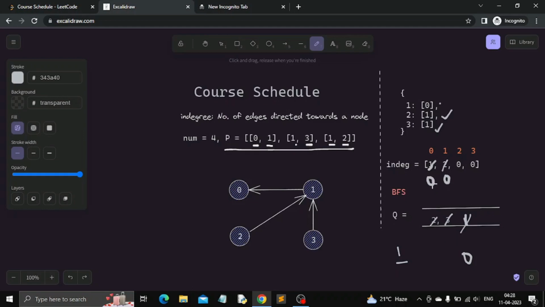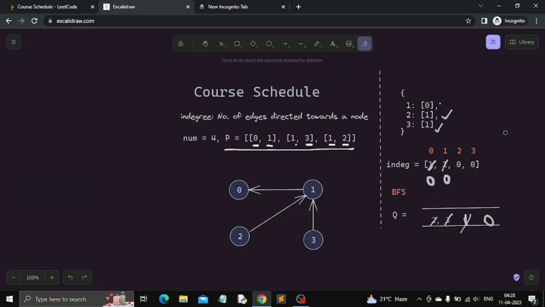Again we will check if the in degree becomes 0. It means that this course is now not dependent on any other course. The courses on which this course was dependent are now completed, so this course is also good to go, so we will add this in our queue. Now lastly, again we will pop the course out from our queue.